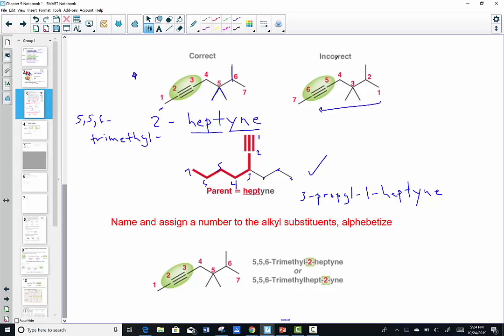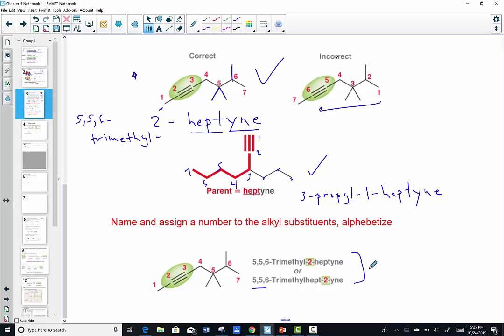We want to name and assign a number to the alkyl substituents, and alphabetize them. So with this particular example, we found that there were 3 methyl groups and we ordered them as 5,5,6-trimethyl, and then the triple bond location, 2-heptyne.